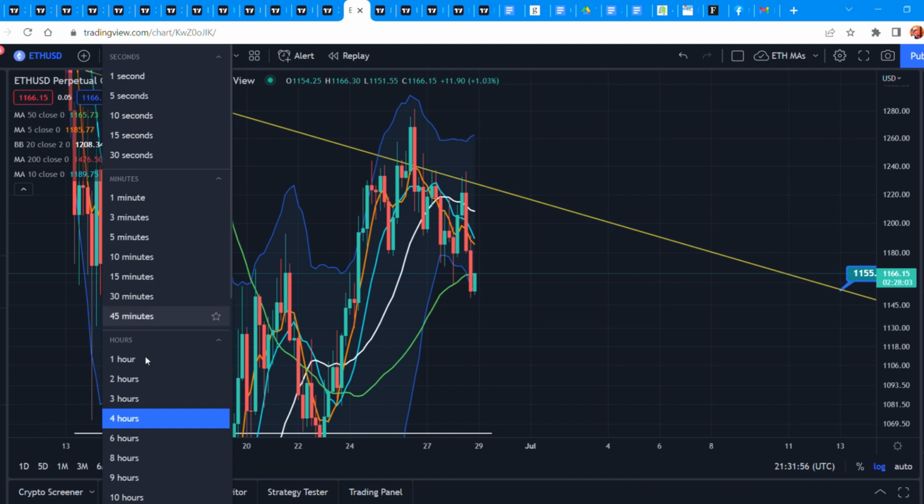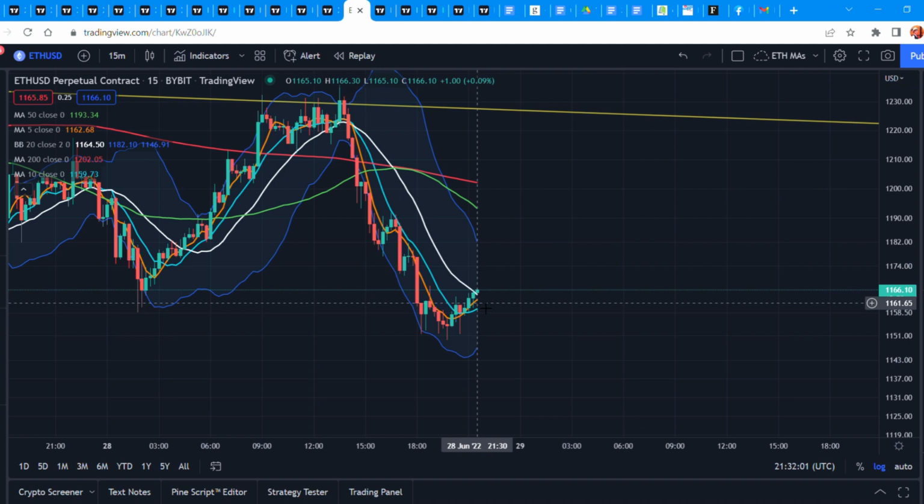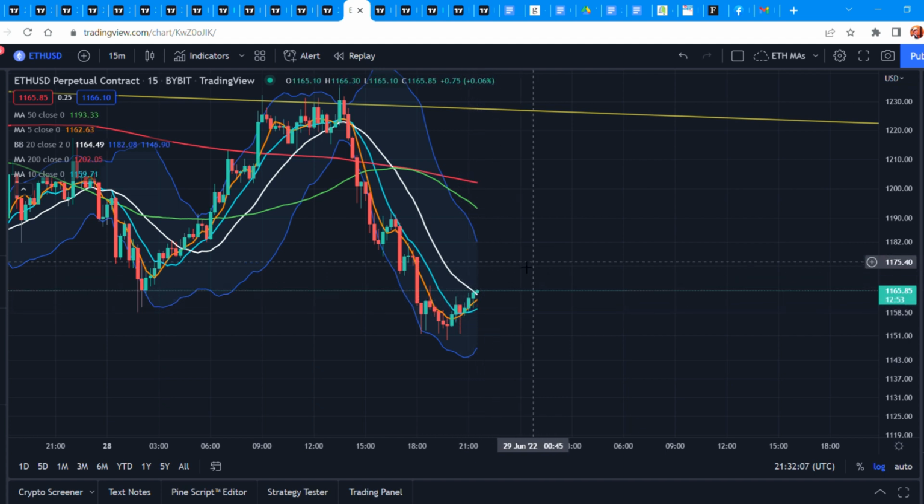If I want a little bit more clarity on the 15-minute for my entry signal, I'll check what's going on here. At the moment we have the 5 trying to cross over the 20 on the 15-minute. That would make the long a little bit stronger in intensity, so it would be stronger to use that as a signal.